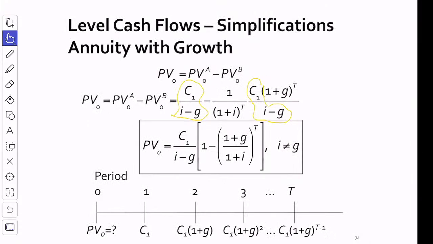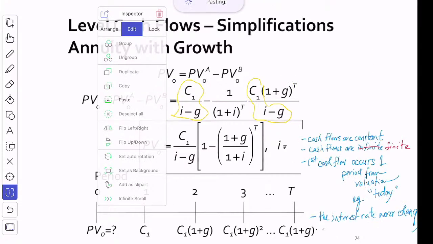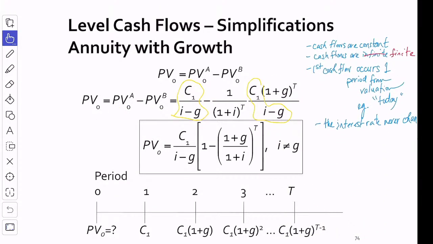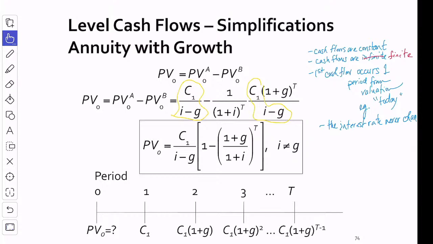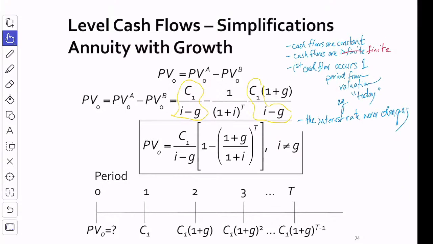All right, so I actually probably should have put it here. Let me put it here too, to repeat. It's very important in any discipline, but particularly in economics and finance, to know your assumptions or your conditions. So this formula only applies, because I should add this extra part.